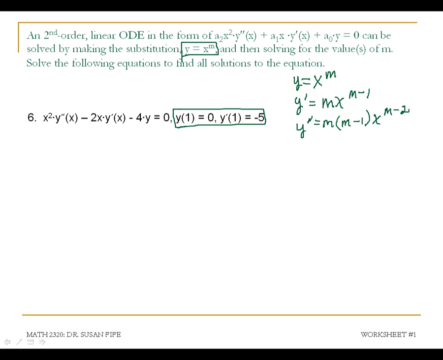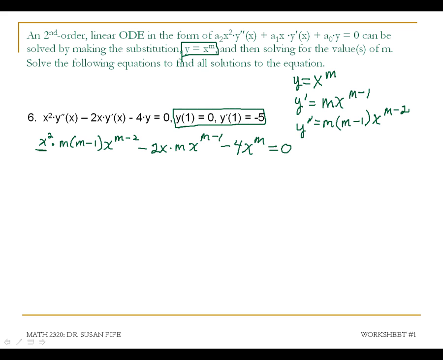So we'll start with x squared times the second derivative, which is m times m minus 1 times x to the m minus 2. Then I have minus 2x times the first derivative, m times x to the m minus 1. Then I have minus 4 times y, x to the m, is equal to 0.